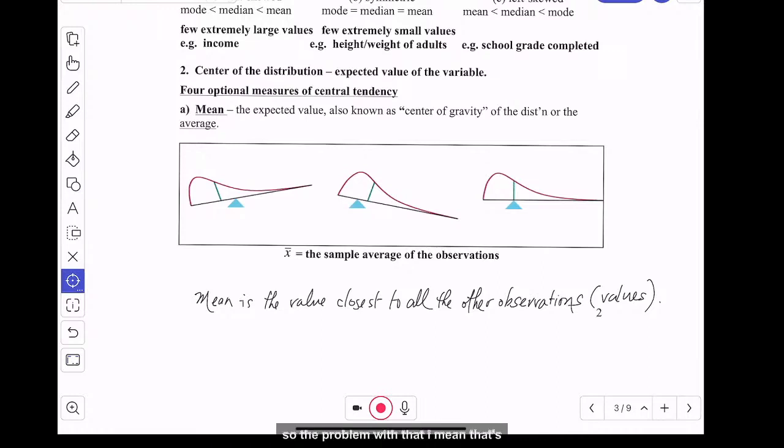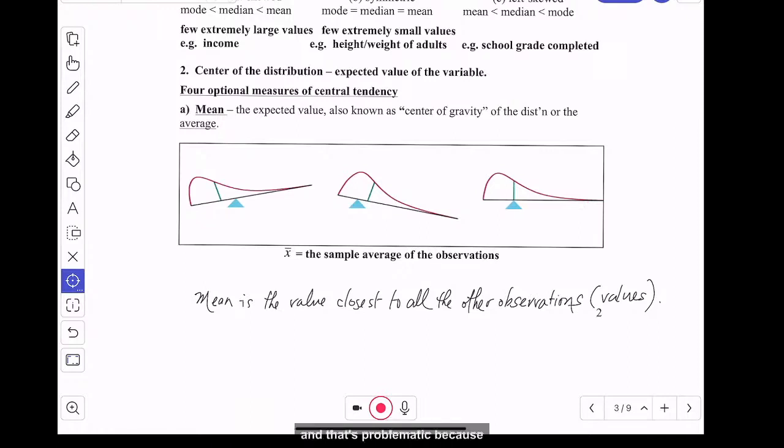So the problem with that, I mean, that's great, it's the center of gravity, but that relates one value to all the other values. But in terms of making a guess, if you pick the mean, notice it's moved away from most of the clump of data here, and it's pulled towards just a few values over here.